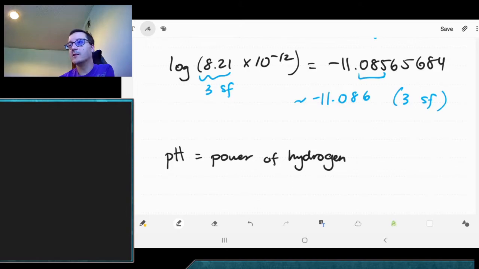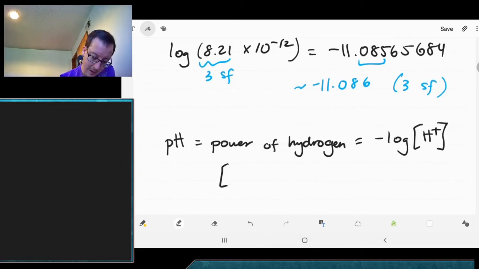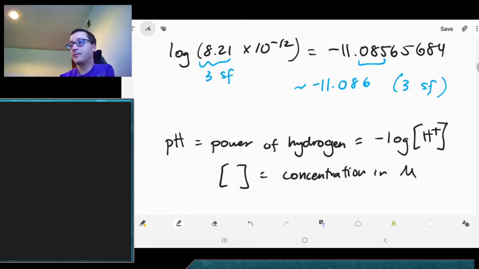That would be power, right? So power of hydrogen is exponent power. And what we do for it is we take the negative log of the H plus concentration, whatever we're looking at. These brackets mean concentration in units of molar.